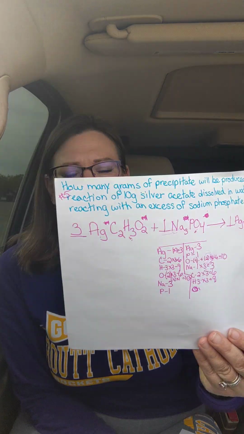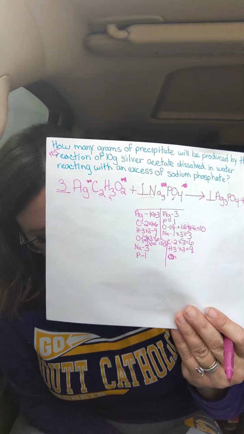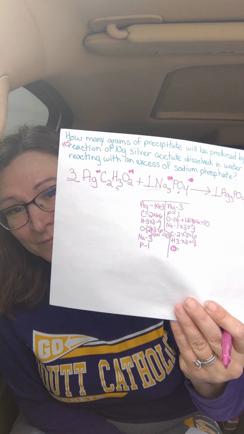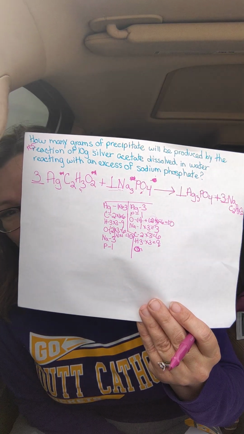All right, so again, we're trying to figure out how much of the silver phosphate we have. So we're going to look at the ratios of what we're beginning with, which is silver acetate. So how many moles of that are in this equation? We look at our chemical equation and we have 3 moles. Our balanced equation shows we have 3 moles of silver acetate.